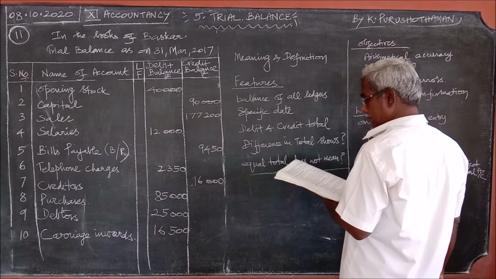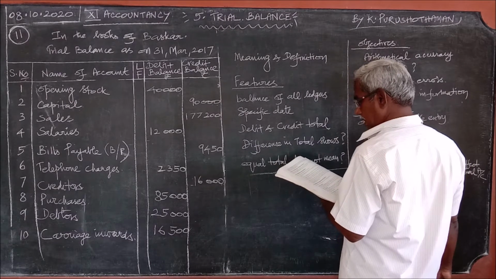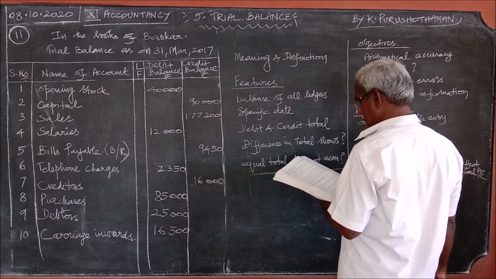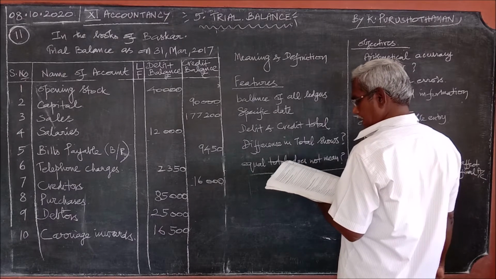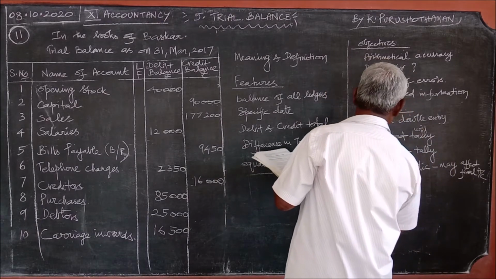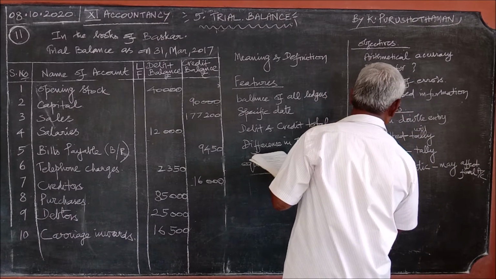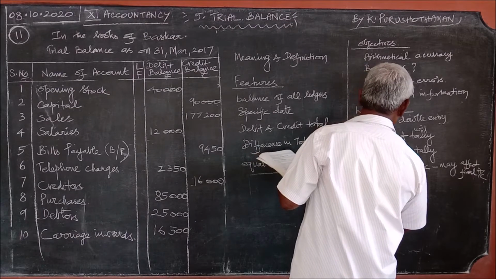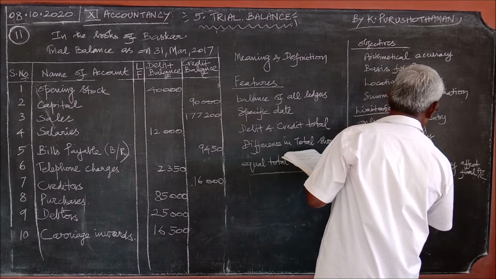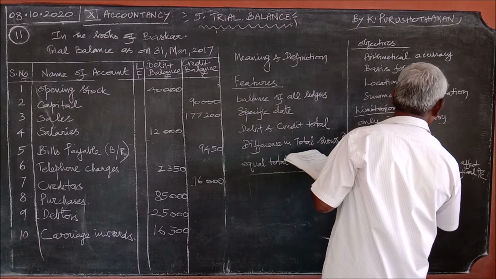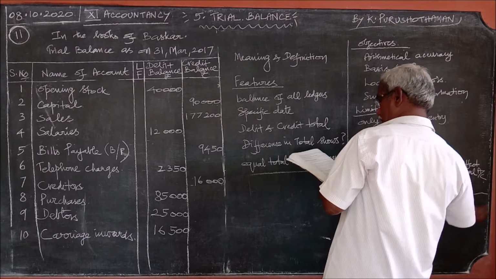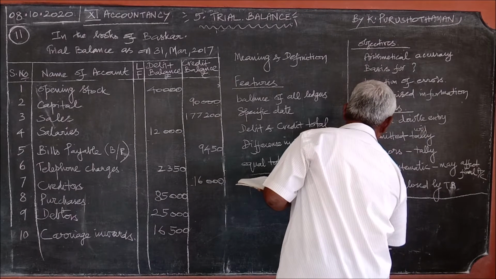Then the last one, not disclosed by trial balance, such as complete omission. These are all. Then the last one, different methods.